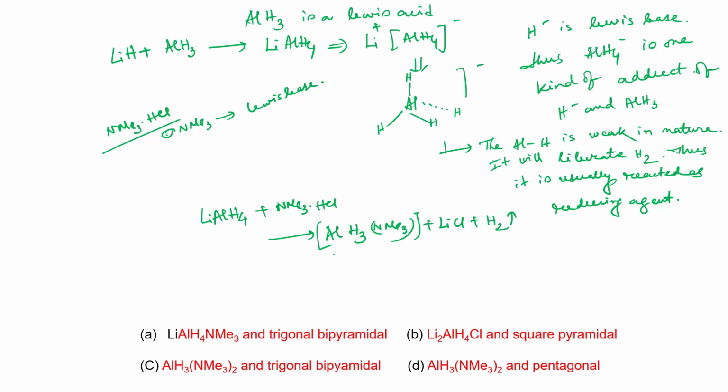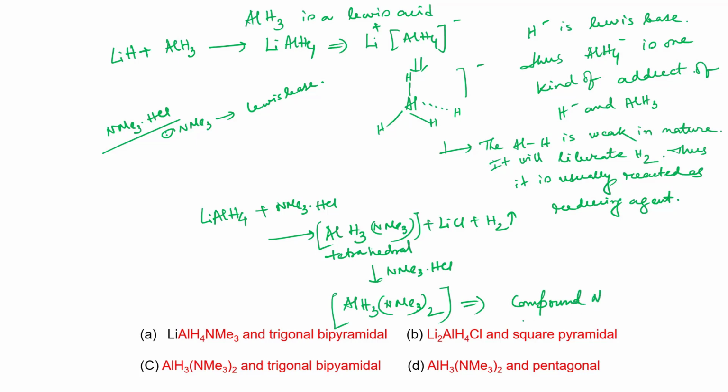Hydrogen will be liberated. The structure of the first compound is given in the question, that is tetrahedral. Now it will react with another equivalent of Me3N·HCl to form the final compound, compound N, and that will be (AlH3·NMe3)2. So this is our compound N.